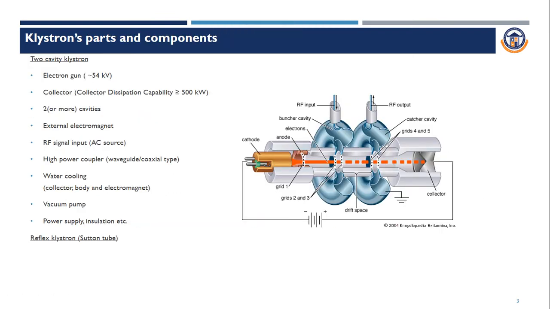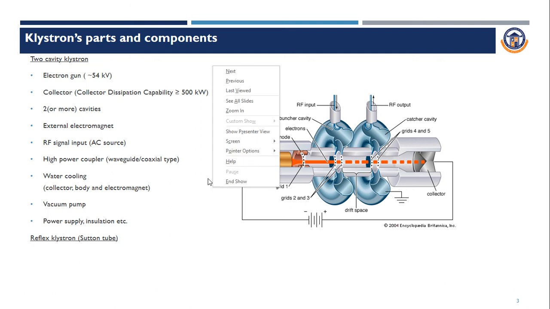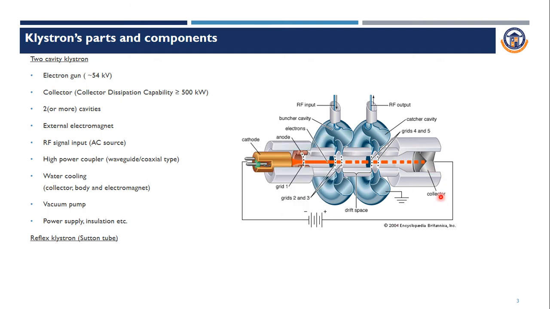So this is the block diagram of the two cavity Klystron, where it has an electron gun of 54 kilovolt, and on the output side it has a collector. The electrons received at the receiver side will be collected by this collector, and we will have two cavities.